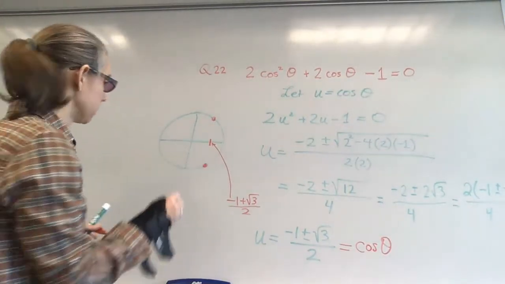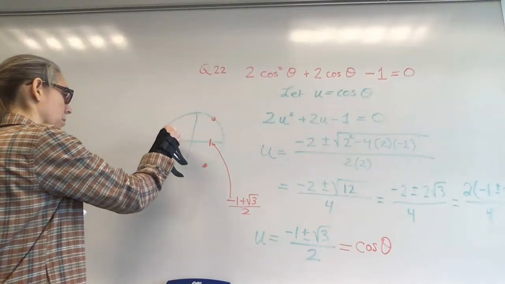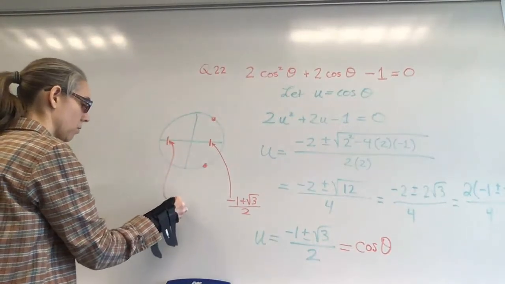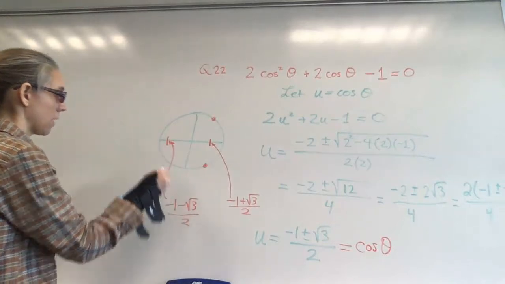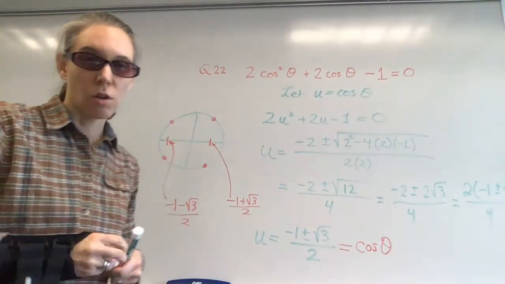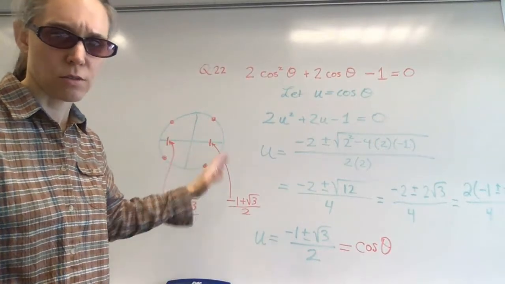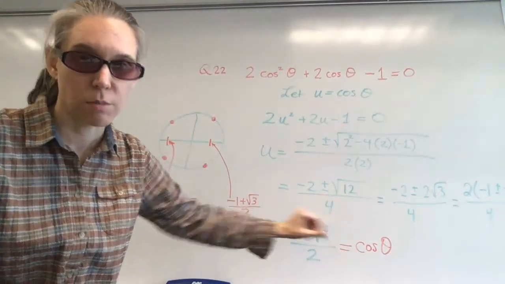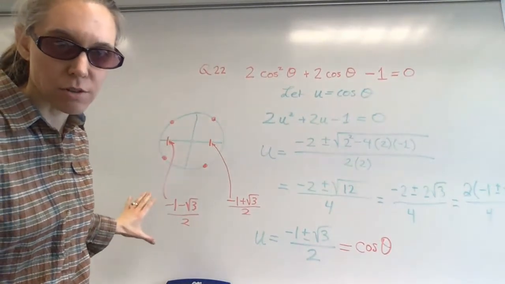The other one is a negative number, which is negative 1 minus root 3 over 2, and that would also have 2 dots on the unit circle. So we have a positive notch on the x-axis for the positive version of this number, and a negative notch on the x-axis for the negative version of the number.